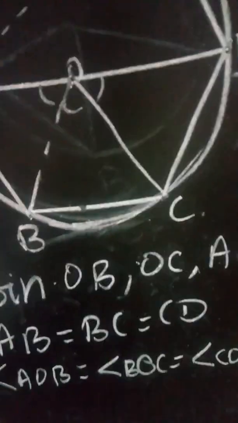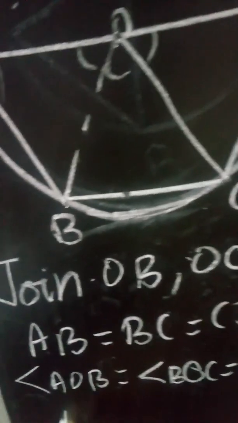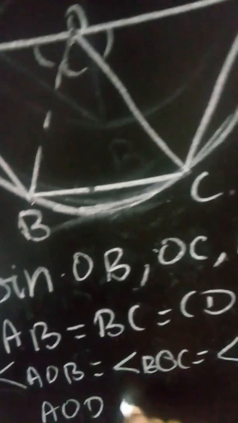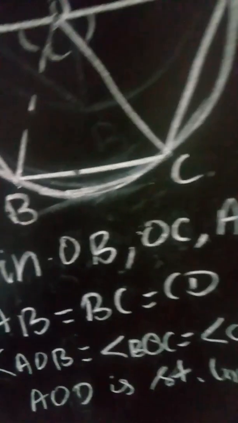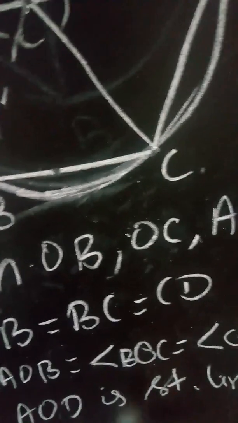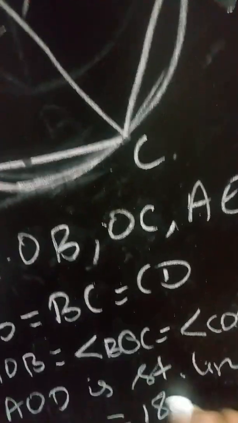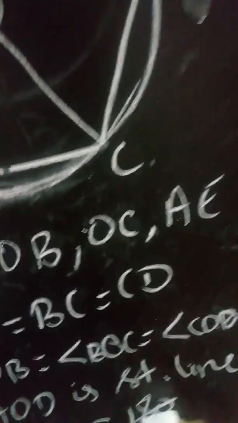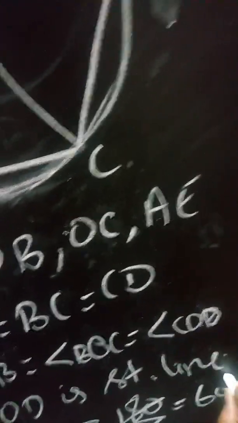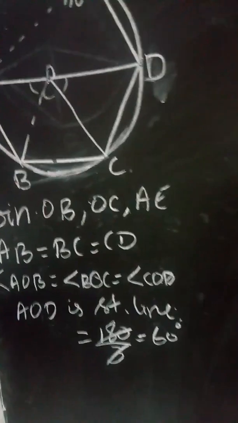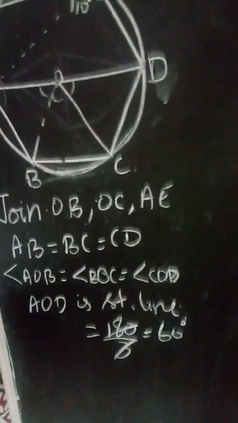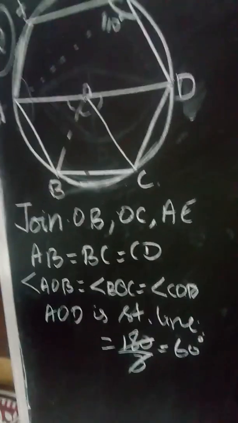Now you know that AOD is a straight line. So the three equal angles will be 180 divided by 3. So each angle will be 60 degree. So angle AOB is equal to 60, BOC is equal to 60 and COD is equal to 60 degree.